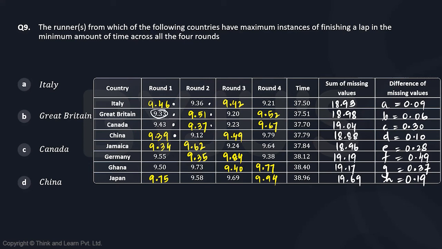Similarly, in round 2 between the same 4 countries, it was China. In round 3, it was Great Britain again, 9.20. And in round 4, we had the country Italy with 9.21. So from here, which country had the most instances where it took the least time among the 4? So it's definitely Great Britain. Their runners were actually faster.